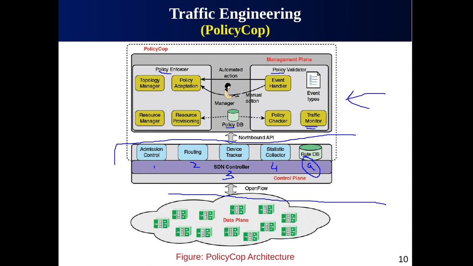We have the statistics collection module, and it uses different monitoring techniques to measure different network metrics. And finally, we have the database itself. And actually, the application plane will translate the high level policies to control rules. And those rules are going to be stored in this database.